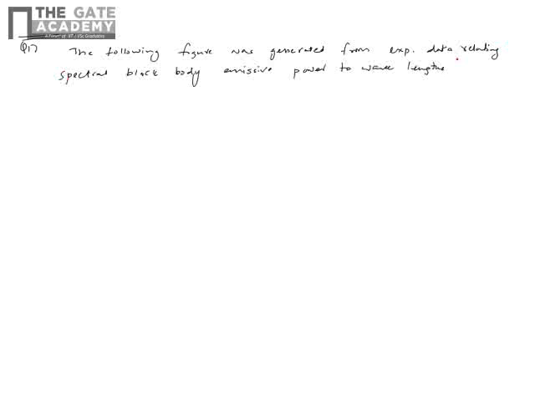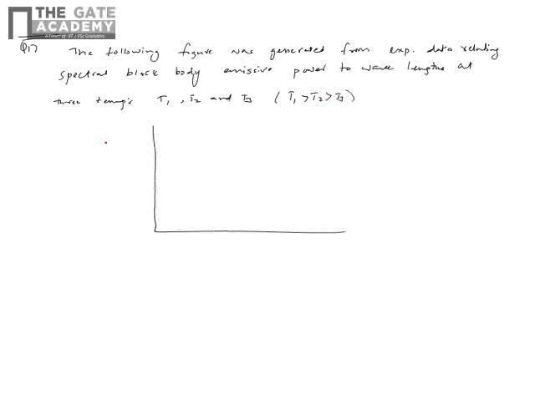The following figure was generated from experimental data relating the spectral blackbody emissive power to wavelength at three temperatures T1, T2 and T3, and it is given that T1 is more than T2 more than T3. So this is the figure which is given.